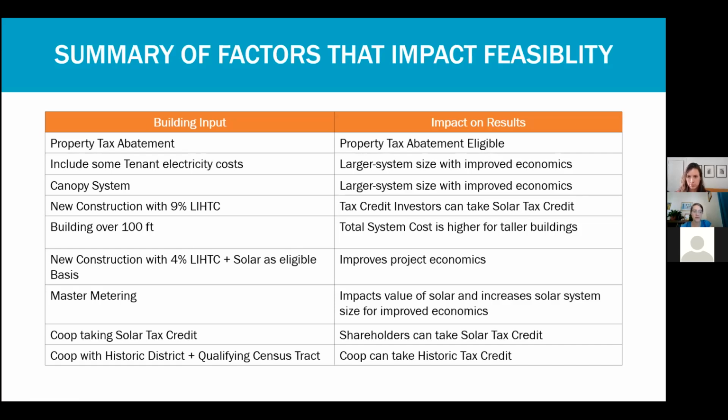Master metering will impact the value of solar, but it also allows you to increase the system size. And whether it's an owner occupied building, so a co-op or a condo, it means that you could take the state solar tax credit and possibly the historic tax credit as well.